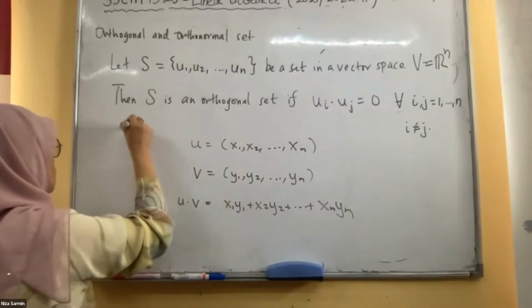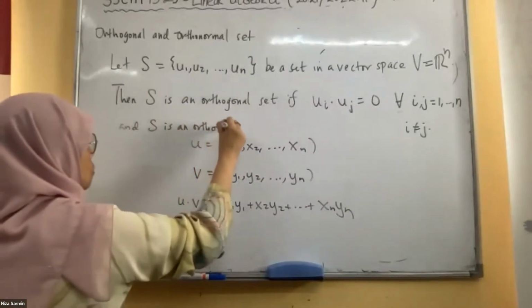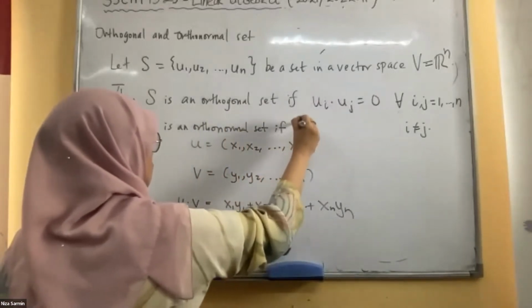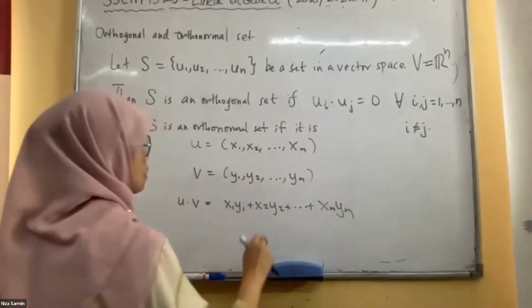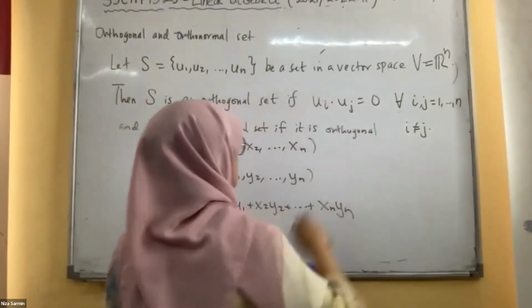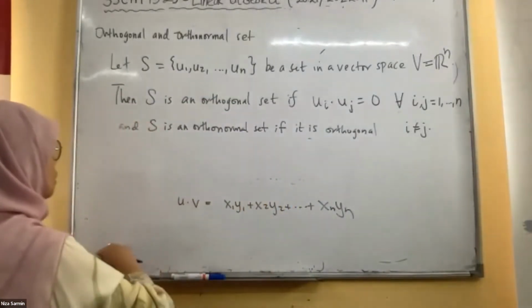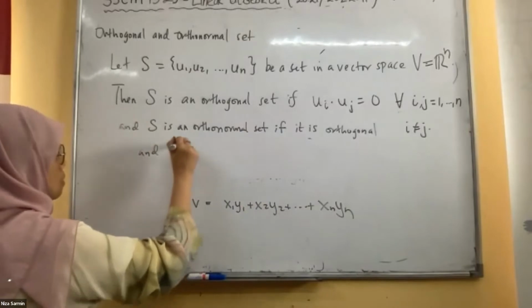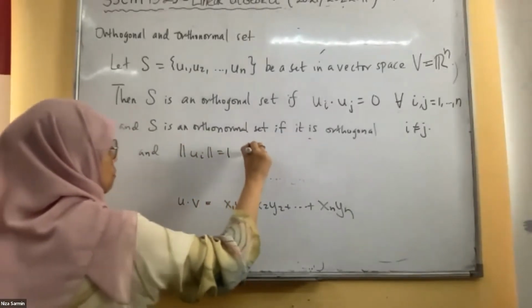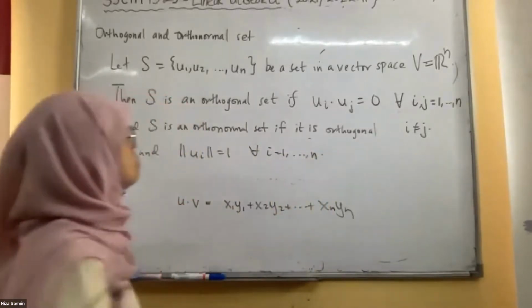And S is an orthonormal set if it is orthogonal and the norm of ui is 1 for all i from 1 until n.